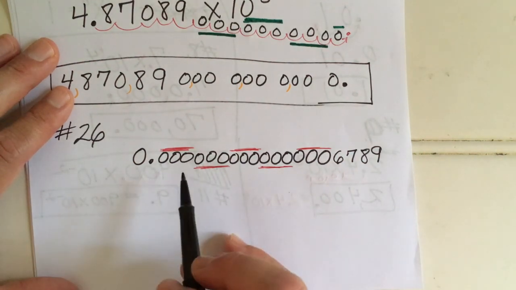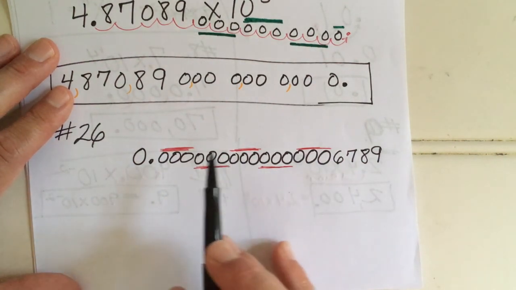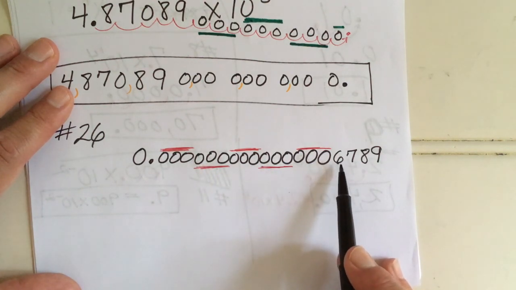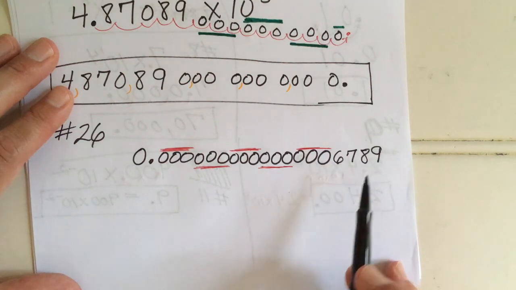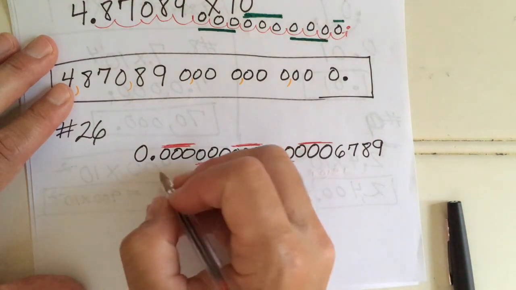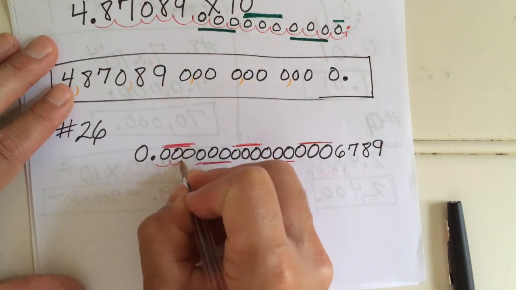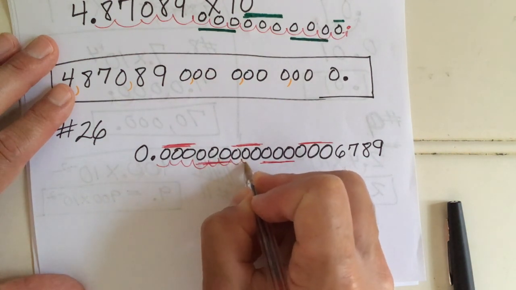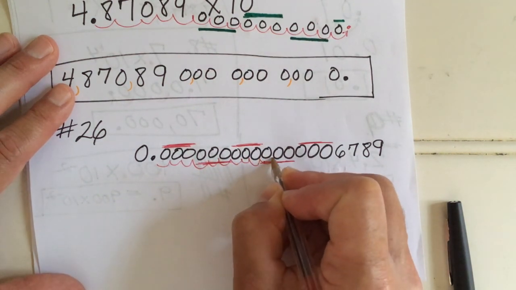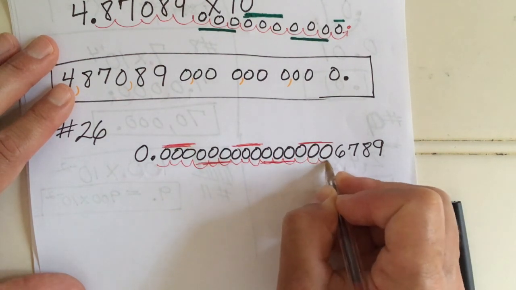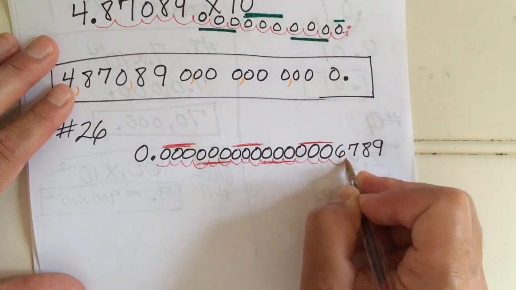All right, but it doesn't change how scientific notation works, meaning we still got to move this decimal all the way past all these zeros and then one more around the 6 to get 6.789, right? So that's exactly what we're going to do. I'm going to count it out just for fun here. 1, 2, 3, 4, 5, 6, 7, 8, 9, 10, 11, 12, 13, 14, 15, 16.